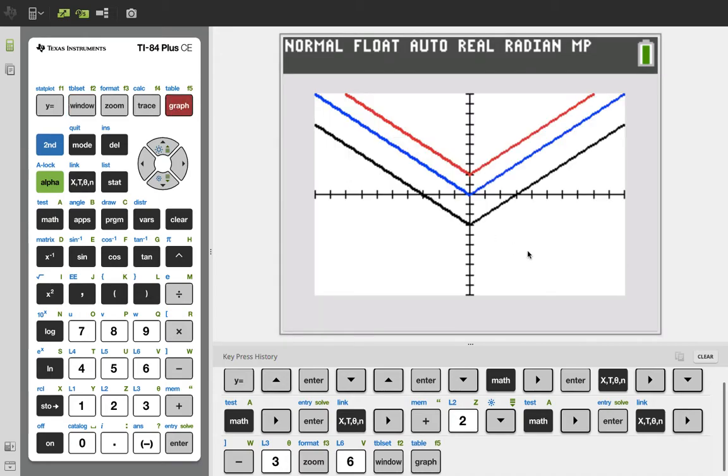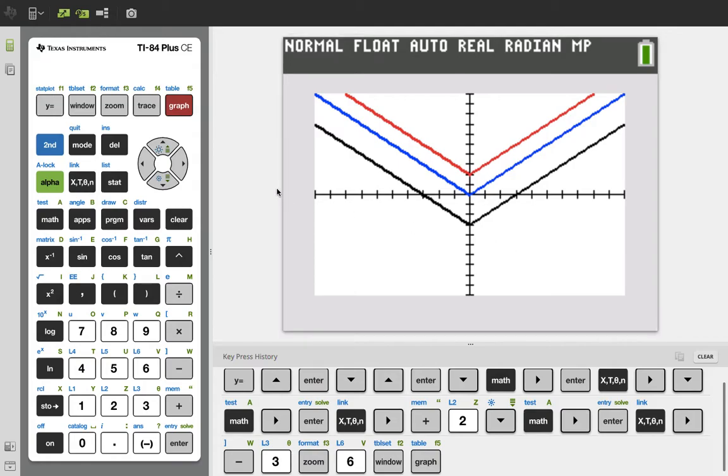So here we are. You can see that the blue graph is my original absolute value of x. The red graph is the absolute value of x plus 2, and the black graph is the absolute value of x minus 3.